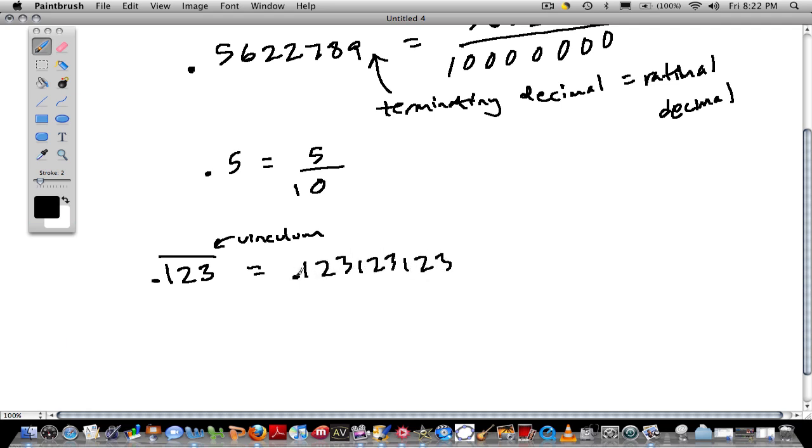So not only does it have a pattern that's going up by 1, which is not enough, but that repeats over and over again. For example, 0.3 repeating also has a repeating pattern where the 3 is just repeating over and over and over again.